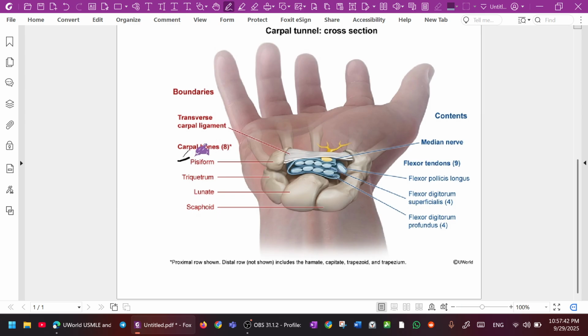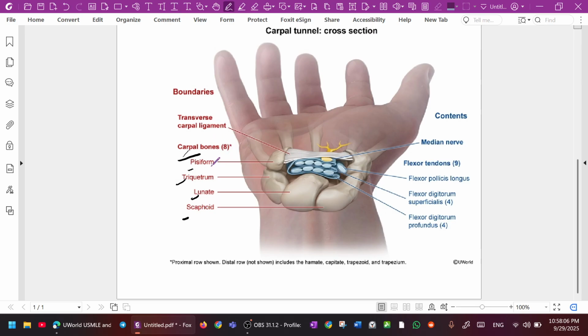The 8 carpal bones you can remember by the mnemonic: she looks too pretty, try to catch her. So scaphoid, lunate, triquetral, pisiform, trapezium, trapezoid, capitate, hamate.